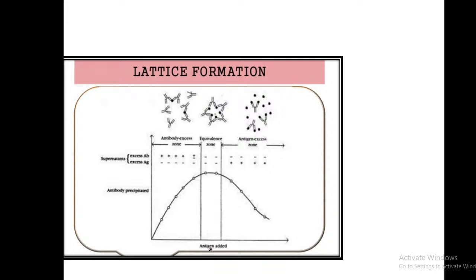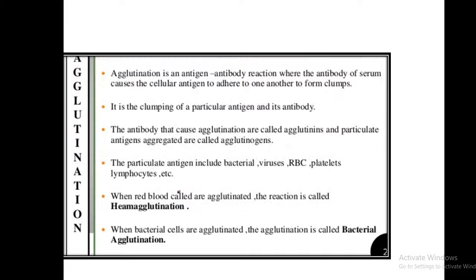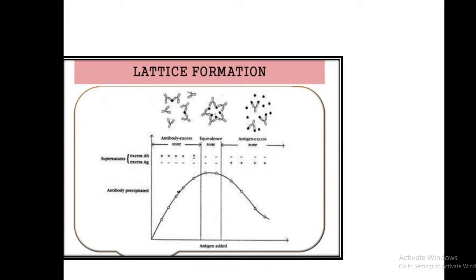You will see a graph related to the antigen-antibody reaction. If you are adding this antigen-antibody reaction in a test tube, what happens if the antibody is in excess? See here, this part has more antibody. How many are there? 1, 2, 3, 4, 5, 6, 7. 7 antibodies are there, but only 2 antigens.